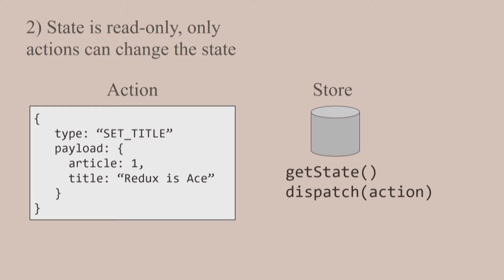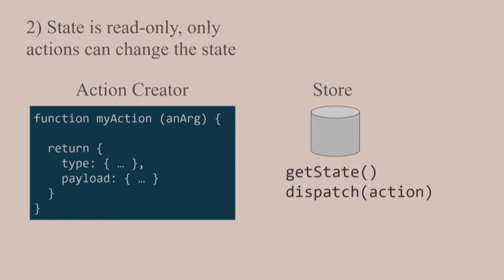And because it's just an object, if you need to pass any other data with the action, you can just add more properties. So here, for example, I have an ID of an article I want to update, and I'm changing the title. Because these are plain JavaScript objects, it's very common to have an action creator. That is a function which just returns that object.